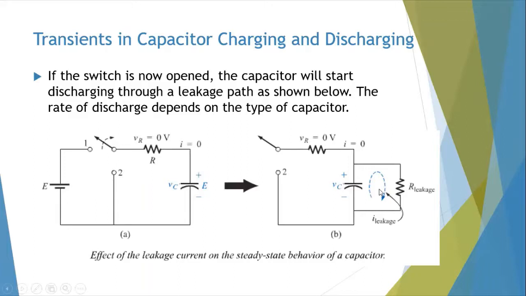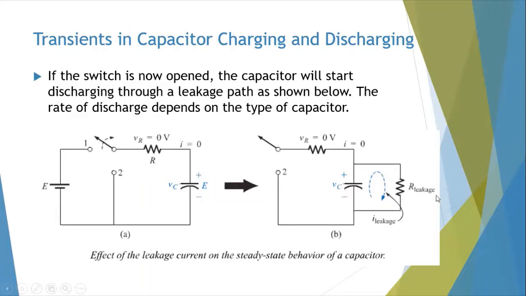So like we just said, if you again apply the concept of time constant, the capacitor here is C and the leakage path is R leakage. If you take the product of C and R leakage, the greater R leakage is, it is maybe in megaohms or very large values, the larger will be that time constant. So the longer it will take for the capacitor to discharge.